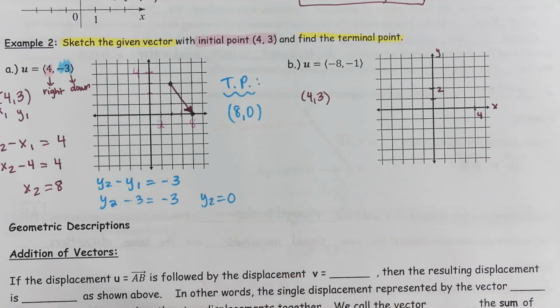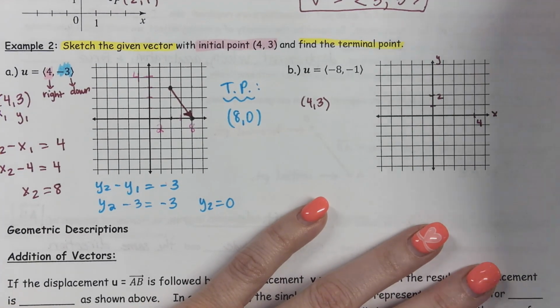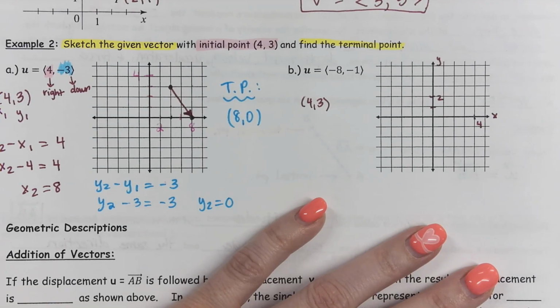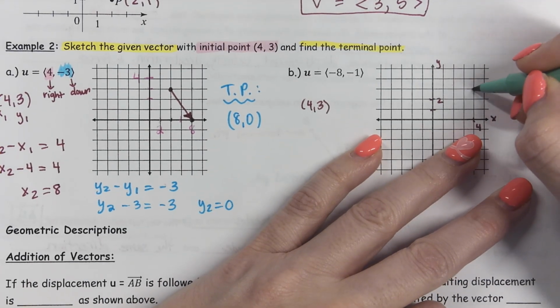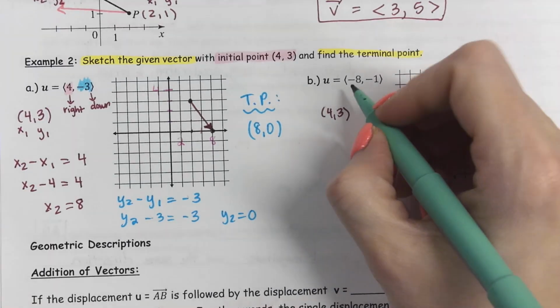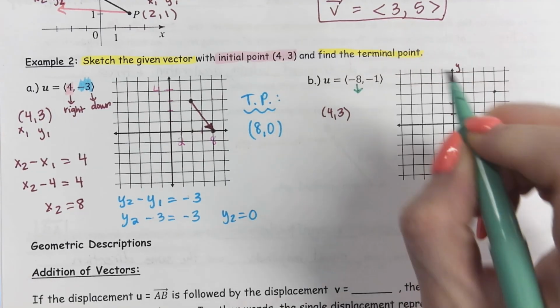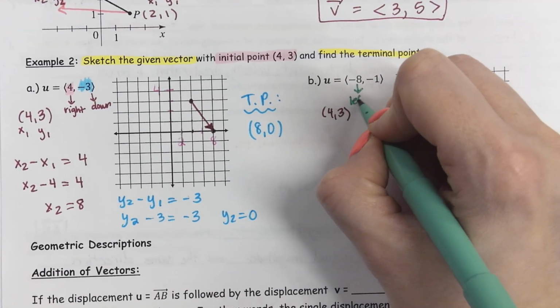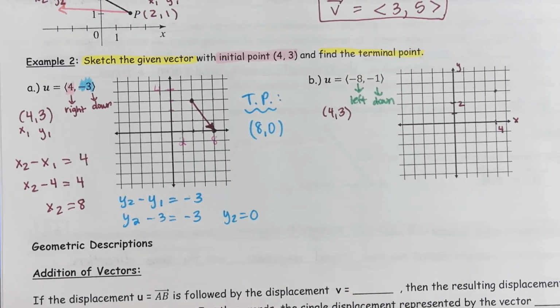It's a different color this time. Okay, so if you have -8, negative means you're moving what direction? Left. And this would be down 1.